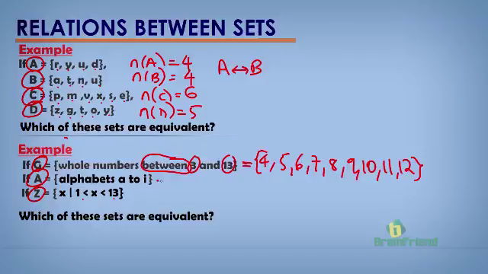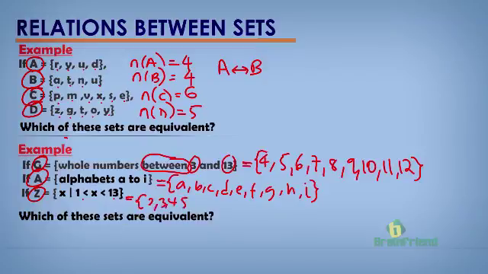Let's also list out the elements of our set A, and that would give us alphabet A to I, A, B, C, D, E, F, G, H, I. Next, let's list out the elements of our set Z, and this would give us 2, 3, 4, 5, 6, 7, 8, 9, 10, 11, and 12.